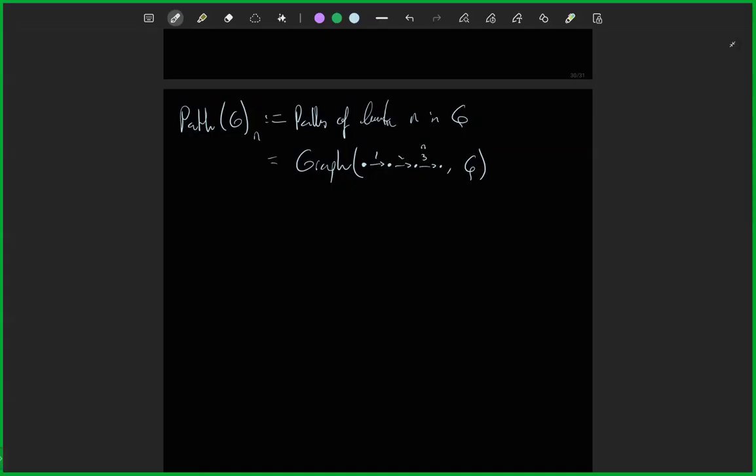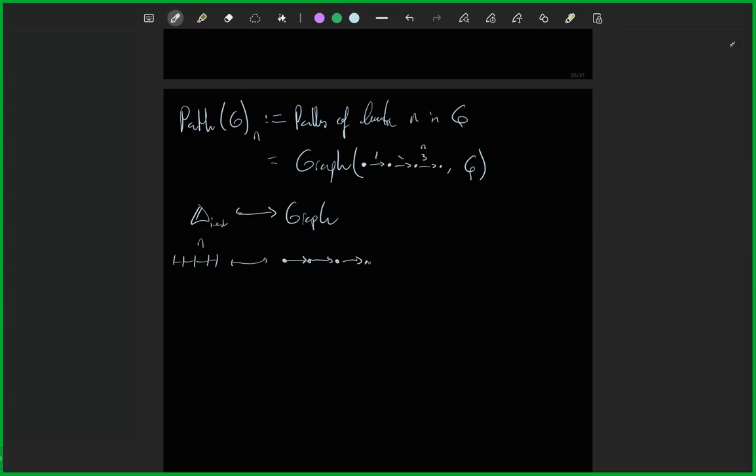Well, what do you know? That looks like a nerve again, because we have a sort of obvious functor. You could even define delta inert this way into graphs, where remember we were thinking of n as this subdivided interval. And what we're going to do is take those clicks and turn them into dots and turn those segments into arrows.